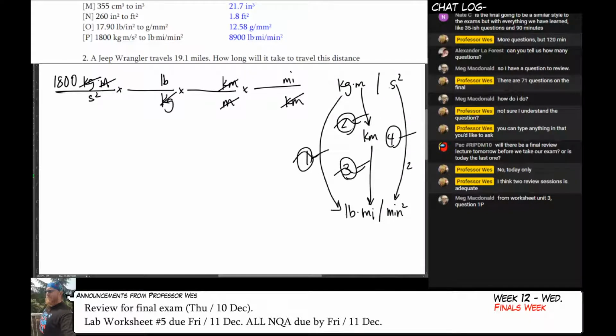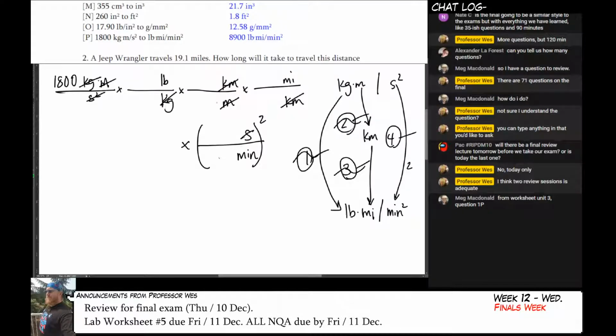And then finally, to get seconds squared into minutes squared, I gotta do this down here, unfortunately. I need to cancel out these seconds on the bottom, so I gotta put them on the top. And I'm gonna do it this way. And then I'll turn them into minutes. So my second squared will cancel out with my second squared here.